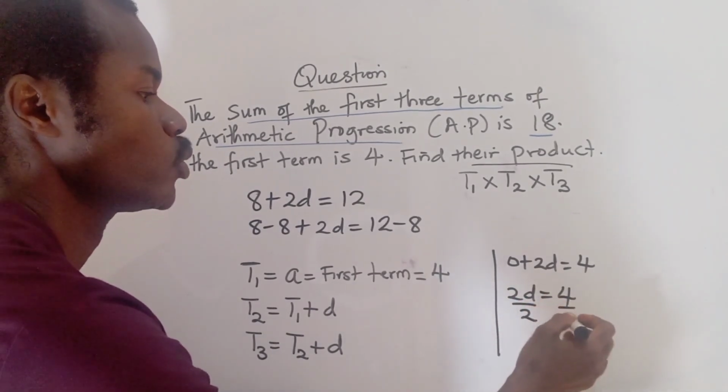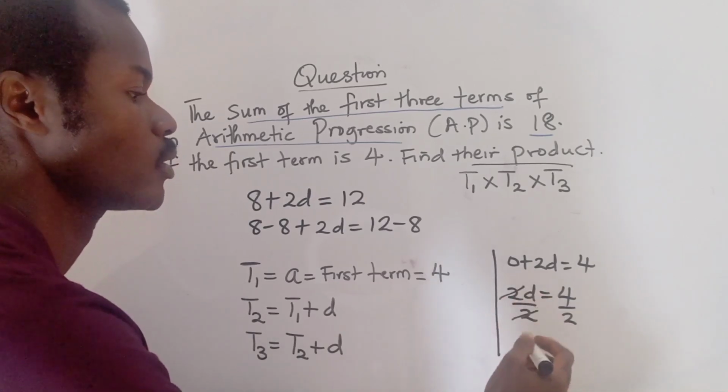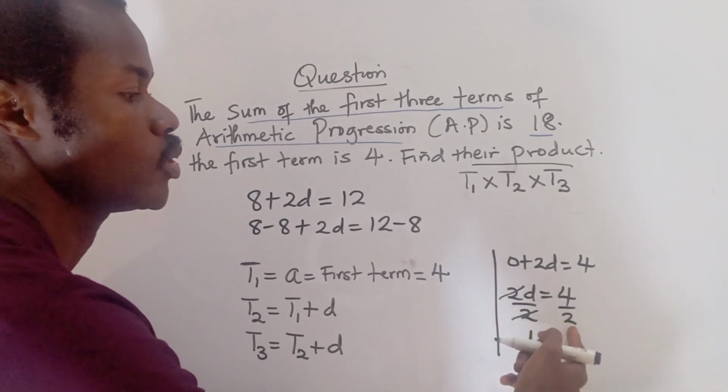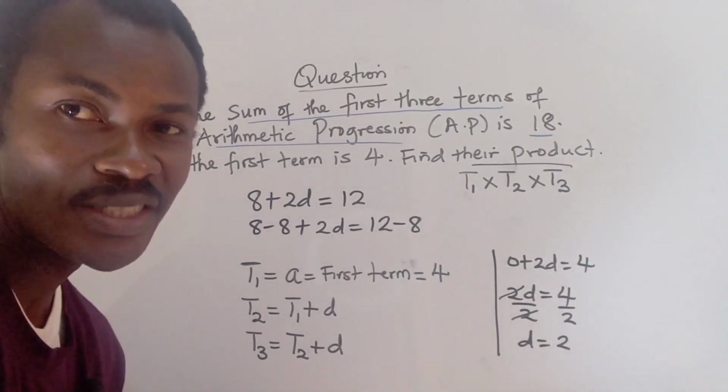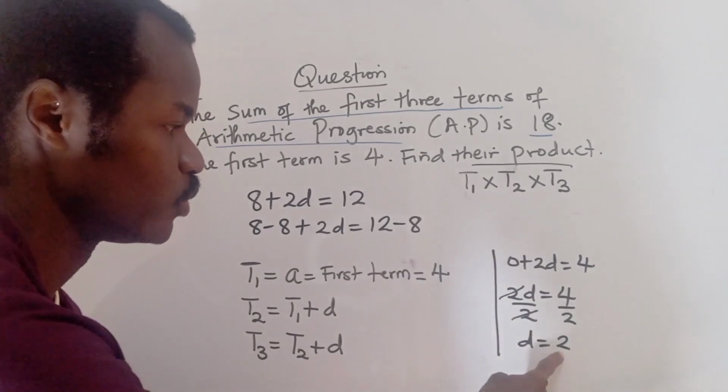Divide both sides by 2. So 2 cancels out 2, and our d is equal to 4 divided by 2, which gives us 2. Our common difference in this problem is 2.